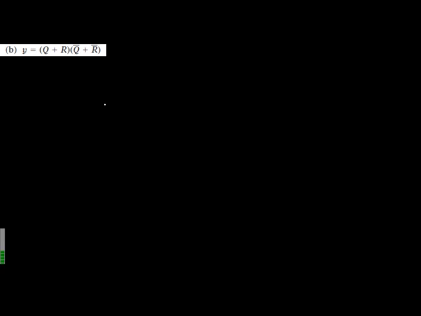So this is B. You can see that we have to open up, let me write it down nicely. Q times Q bar, or with R Q bar, or with Q R bar, or with R R bar.